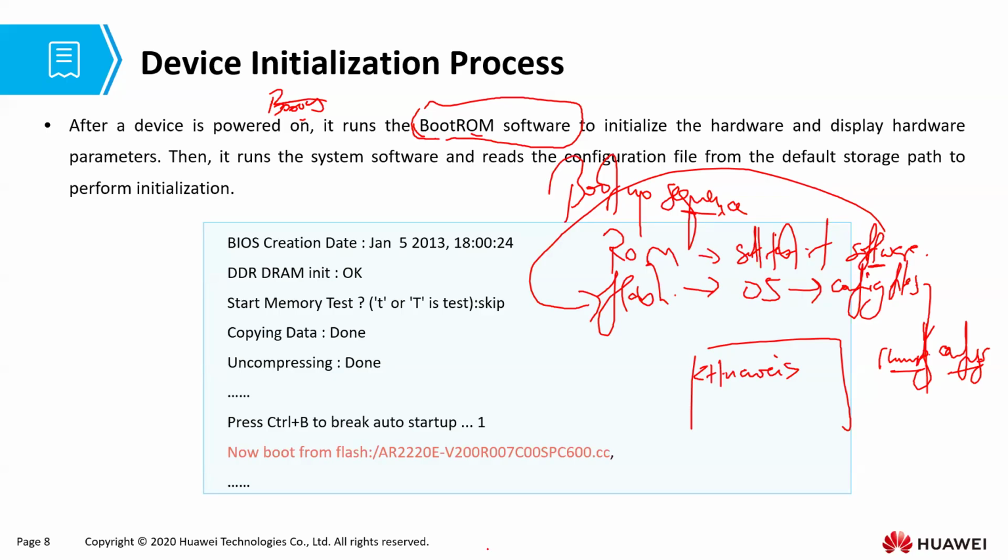Yeah, it's a bit not perfect, but it is very important to understand the initialization process, the sequence, and the easiest way to do that is to describe it in terms of the memories being accessed on the devices. So we have the ROM, we have the flash, then obviously the running configuration, that's another memory, RAM.